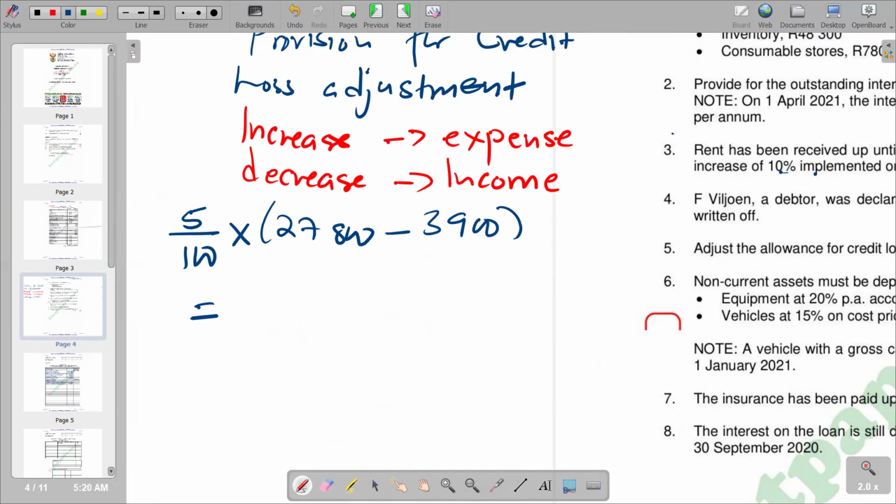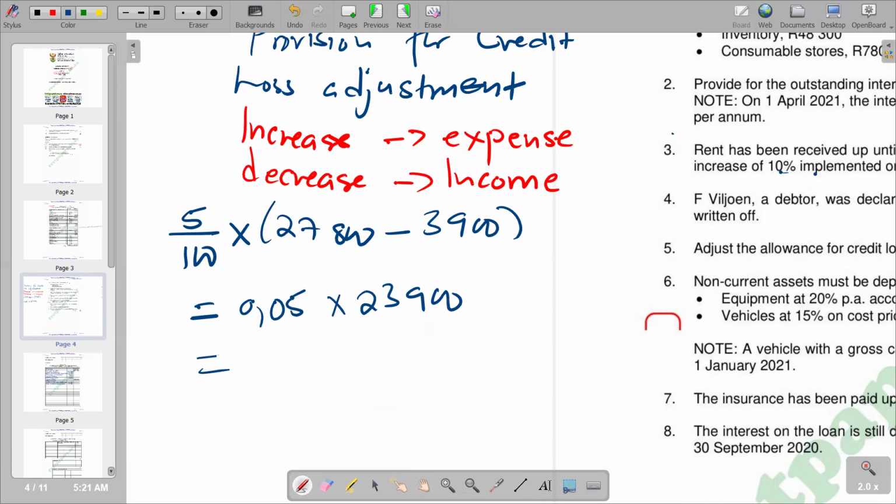So we can start by subtracting 27,800, and then you subtract 3,900. Then the net figure that you get is 23,900. So here you are going to say 0.05 as a decimal for 5%, and then multiply by 23,900.